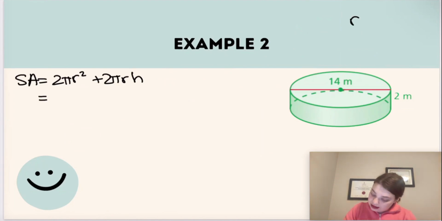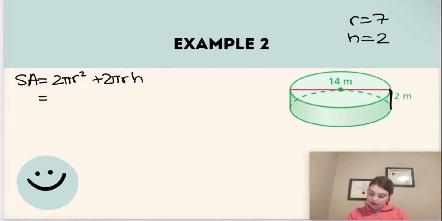The radius would be 7 meters because the radius only goes from the center to the edge, whereas all the way across would be the diameter, which is double our radius. So definitely something to watch for there. A lot of times people will see 14 and think, oh, radius is 14, when that's not actually the case. Then for our height, the height is 2.